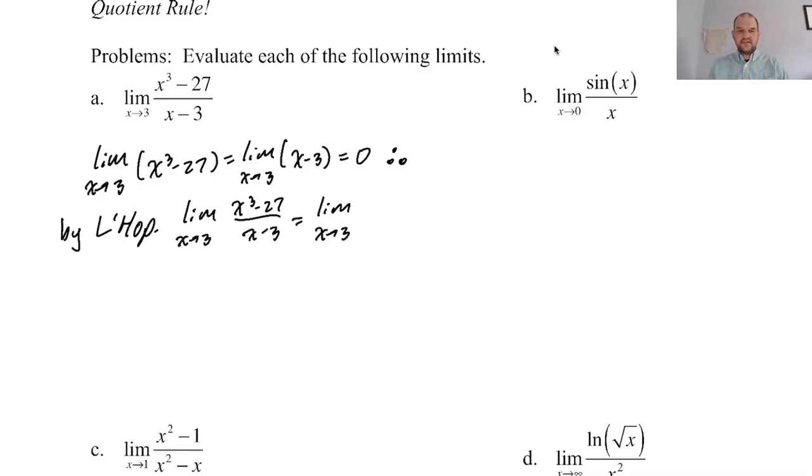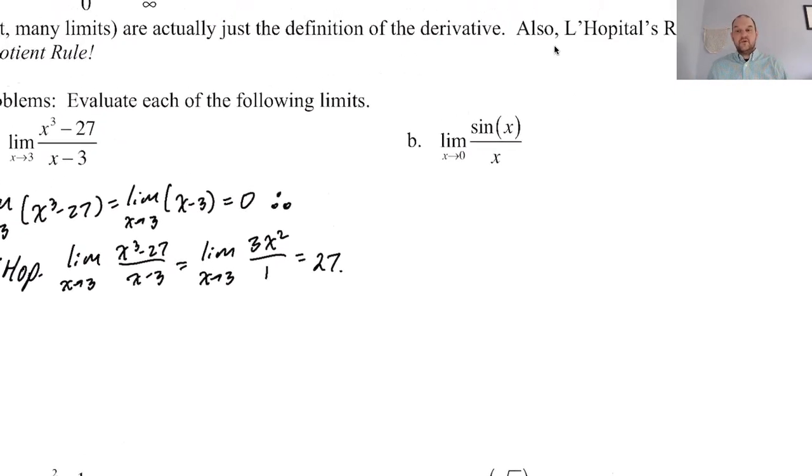So L'Hopital's rule says, if you get 0 on the top and 0 on the bottom when you do your direct substitution or you take your limits, then you're allowed to take the derivative of the top, the derivative of the bottom, and consider that limit. So the derivative of the top is 3x squared. The derivative of the bottom is 1. When I evaluate this, I get 27, so that's the value of the limit. That's all it tells you. Well, it's not all it tells you. I mean, that's amazing that it tells you that.